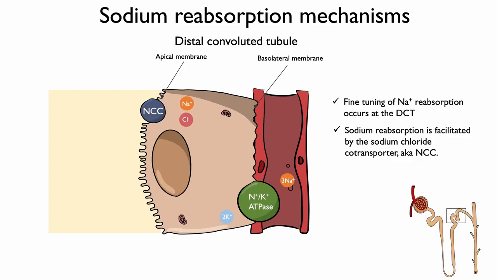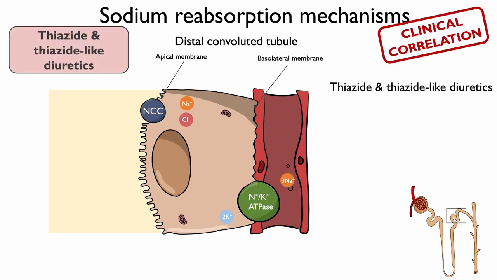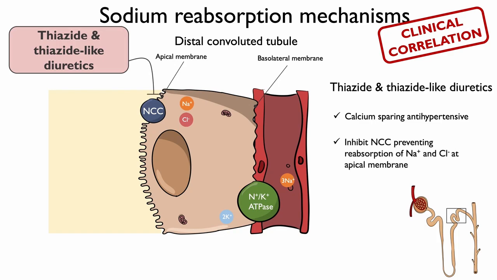Thiazide and thiazide-like diuretics are common calcium-sparing antihypertensive agents. They inhibit the NCC, resulting in impaired absorption of sodium and chloride and resulting in their urinary excretion, driving the diuresis. Patients can also lose high concentrations of potassium in the urine. We focus on the calcium-sparing and potassium-wasting mechanisms in the thiazide and thiazide-like drugs in later modules.